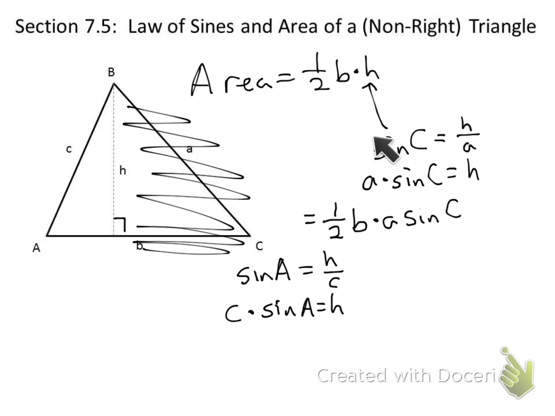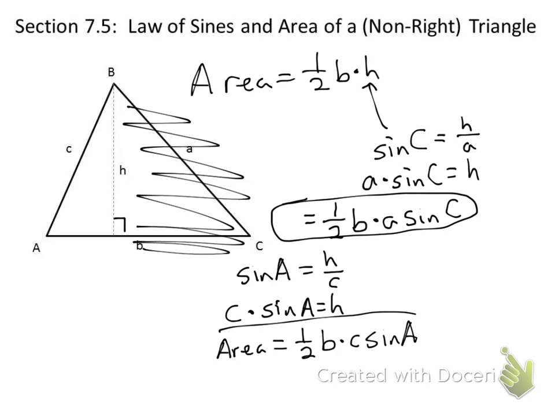Do you agree, if I had just this problem right here with A, C, and H, this is the way you'd solve for H? Yes. So the area now becomes, in that case, 1/2 B times C sine A. So our new equations we could use are here and here.